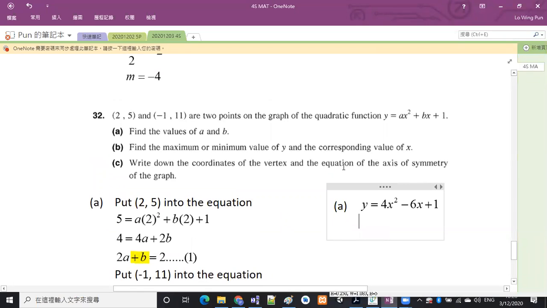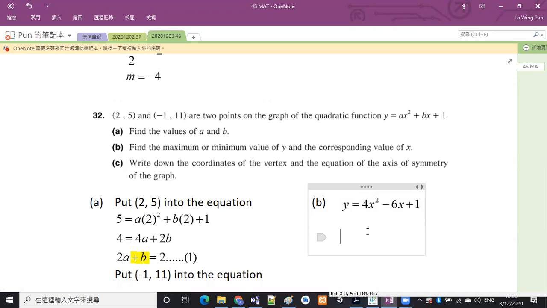And then the question asks you to use the method of completing the square to change the function from the ABC form to the AHK form.